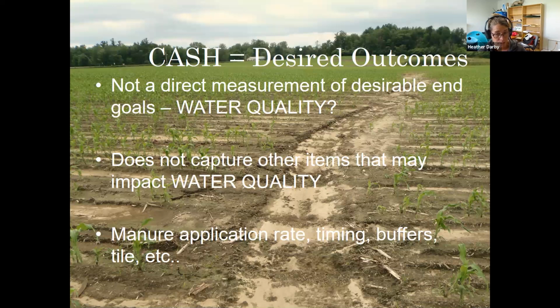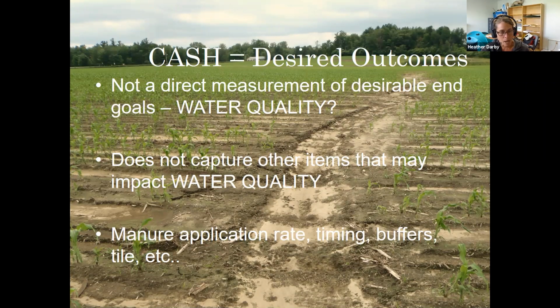So that's something we have to think about. Is this good enough? Is a score of 90 on the soil health test giving us some comfort, knowing that if the soil quality is high or the soil health is high, then water quality will be better? So that's one big question.